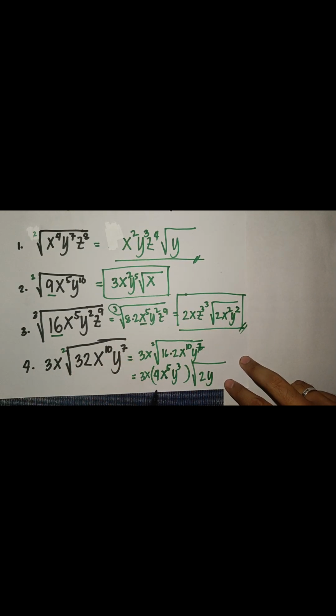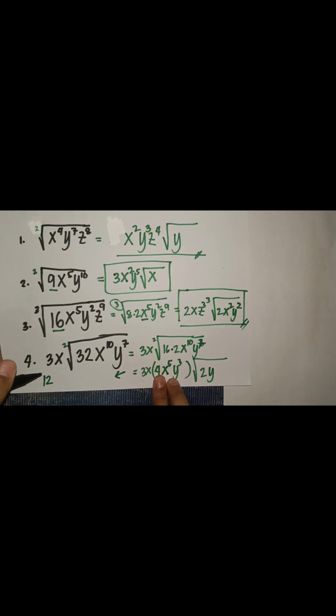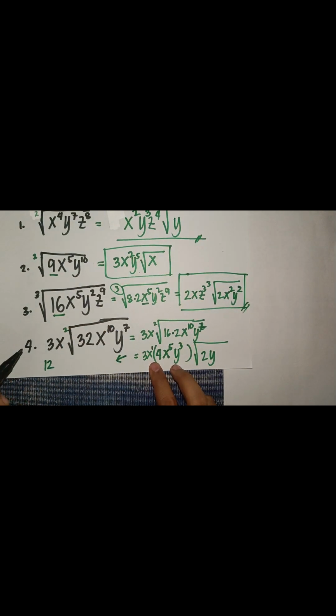Then we are going to multiply the numbers outside the radical symbol. So it will become 3 times 4 is 12. Then x has an exponent of 1.